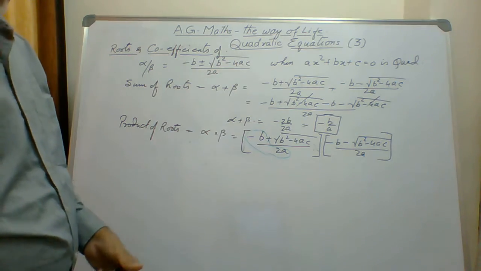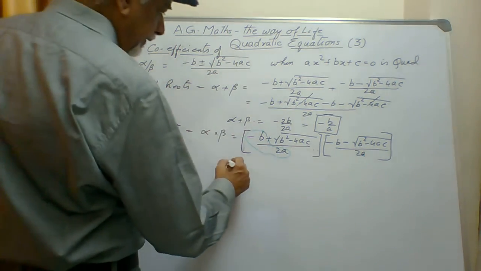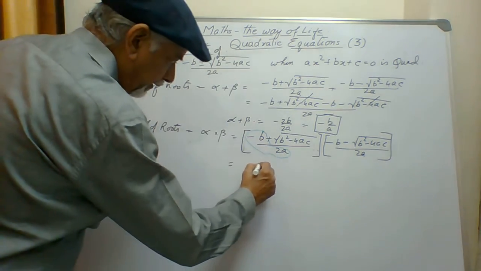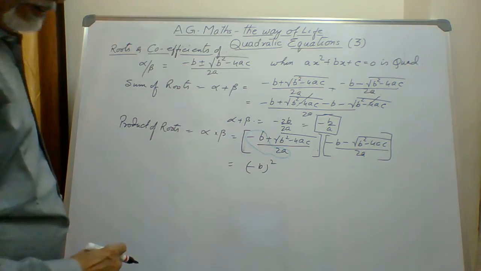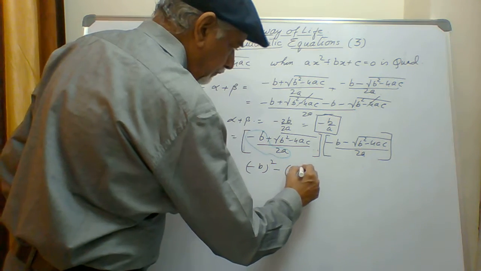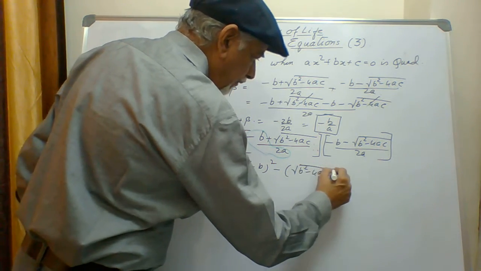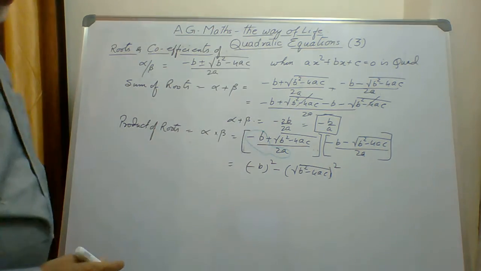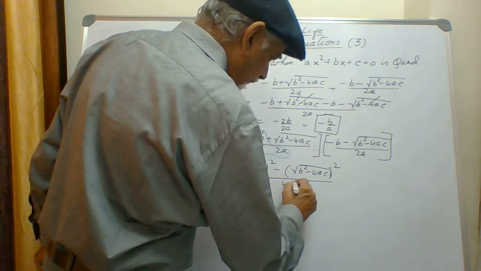So what we can say is it is a plus b into a minus b, or we can write this as minus b whole square, then minus of root of b square minus 4ac whole square, and the whole divided by 2a into 2a, which is 4a square.